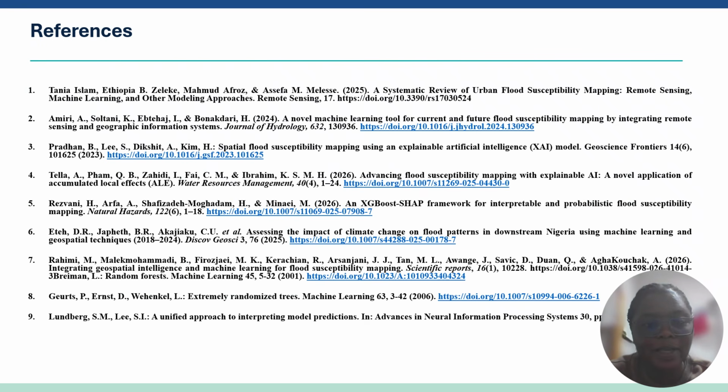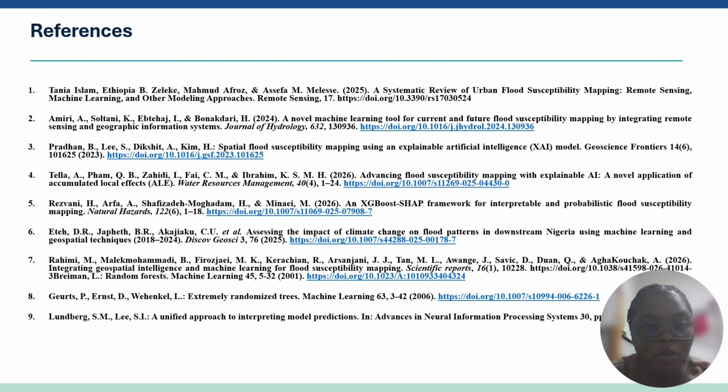As we are slowly approaching the end of this presentation, we could see that this study was informed by recent advances in flood susceptibility mapping, and advances also in machine learning, remote sensing, GIS, and even artificial intelligence.